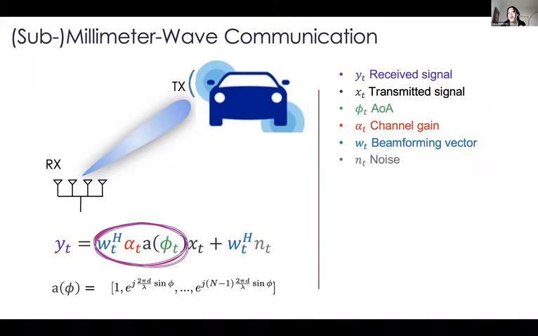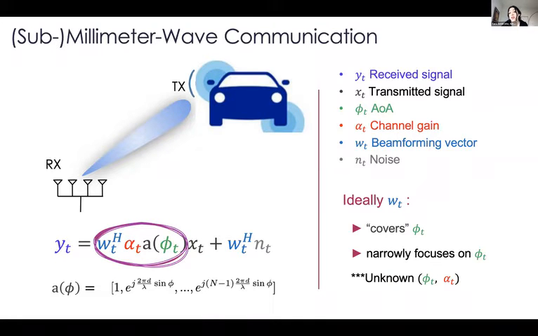So I basically have this beamforming gain that I can play with, and ideally I would like my beamforming weights to do two things. If they cover the angle of arrival, I can capture the signal, so my signal strength will go up. And from a communication perspective, I would like this beamforming to be so narrow as to focus the energy.